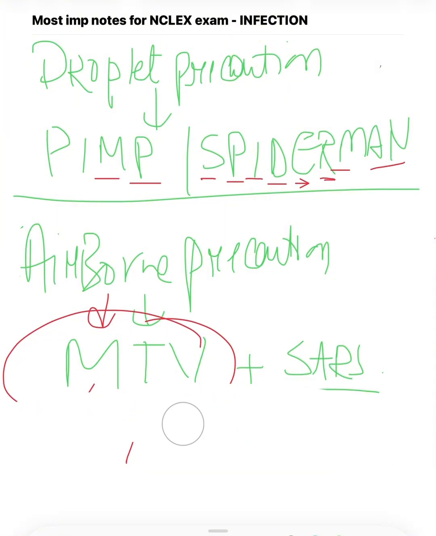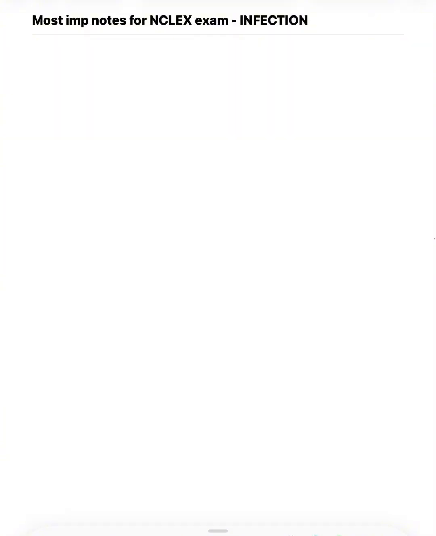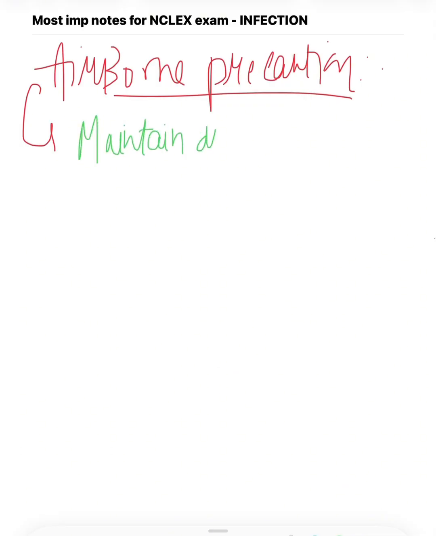So I will continue with the airborne precaution. In airborne precaution, maintain distance up to 6 feet. In droplet, we maintain 3 feet, but in airborne precautions, you have to maintain 6 feet distance.